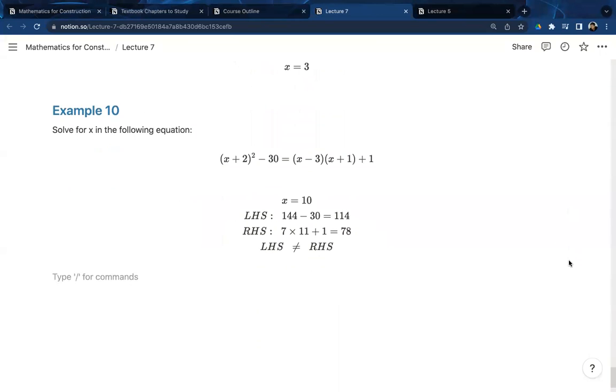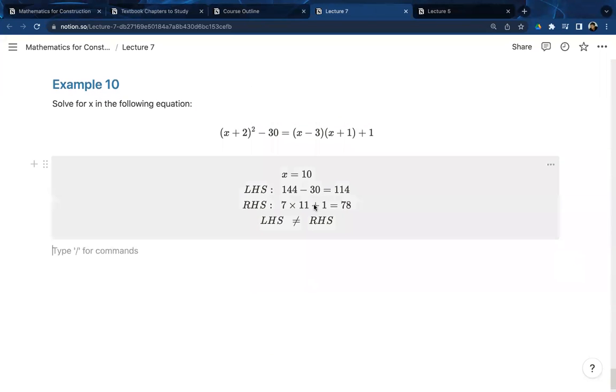So I did this here to show you all that, say you solve this question and you got the answer 10, right? What you should do is check that your answer is correct. So put 10 on the left hand side. That's what I did here. 10 plus 2 is 12. 12 squared is 144 minus 13. That's 114.